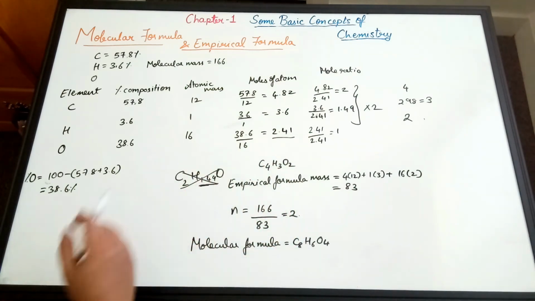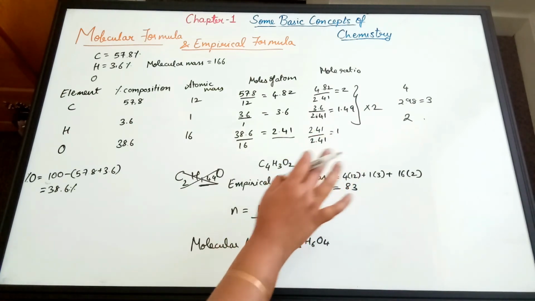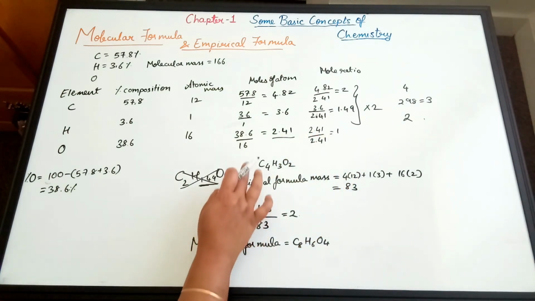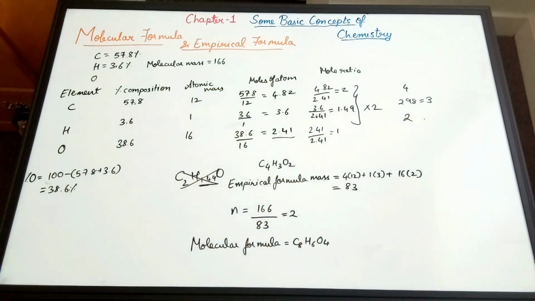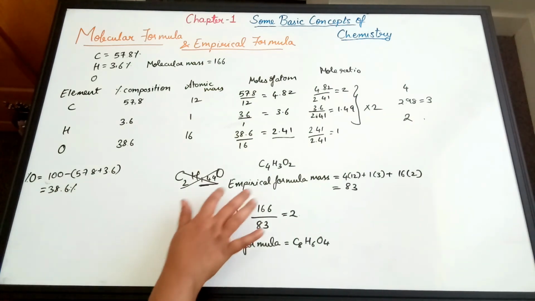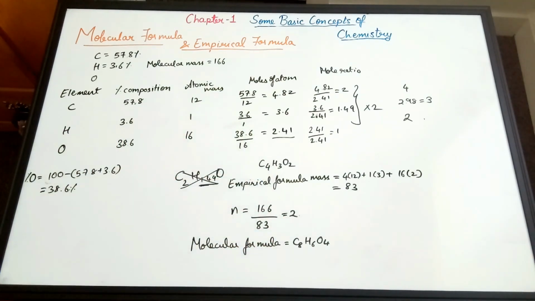Then you get 4, 3 and 2, and that gives us the empirical formula. From there you calculate the molecular formula using the empirical formula mass and the molecular mass, which is already given.